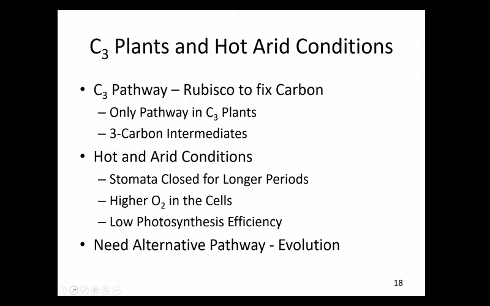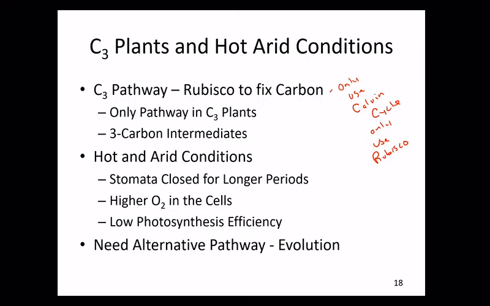Most plants that only use the Calvin cycle, and therefore only use rubisco for carbon fixation, are the ones that are going to have a problem. These are known as C3 plants. The only pathway in C3 plants is the use of rubisco to fix carbon.